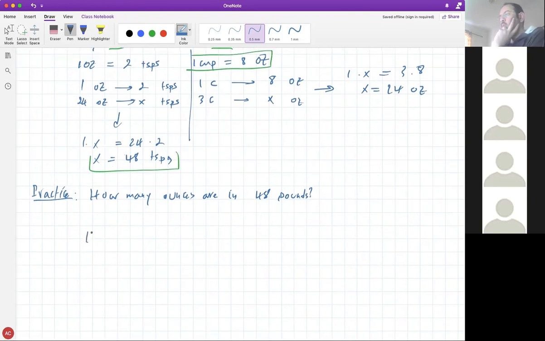That's one, and the other one is how many pounds are in, let's say, 26 kilograms.